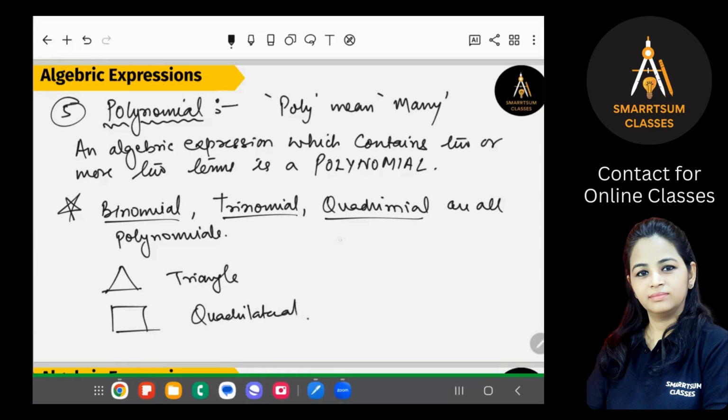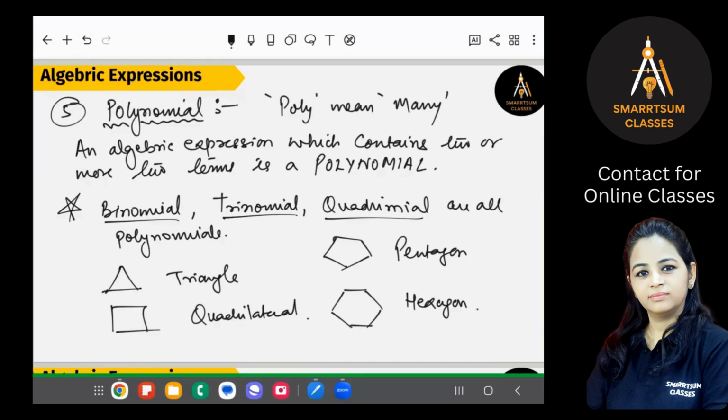A polygon containing five sides is a pentagon, right? A polygon containing six sides is a hexagon, but all are polygons. Are you getting that? So all of them are polygons, but there are special names given to these figures on the basis of the number of sides.